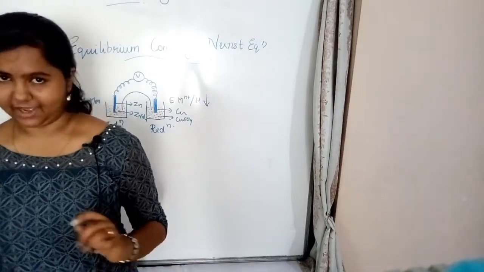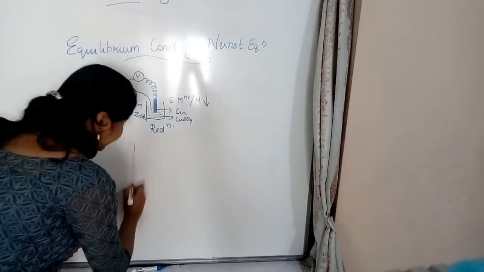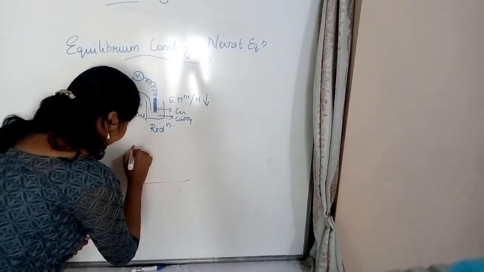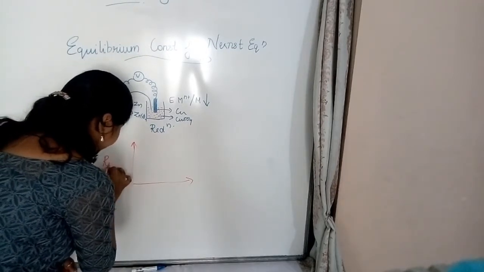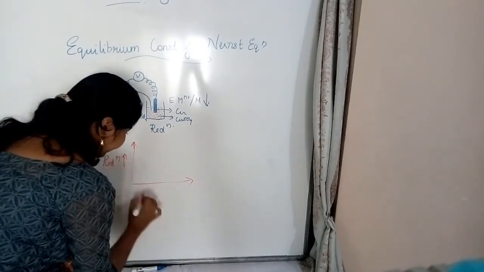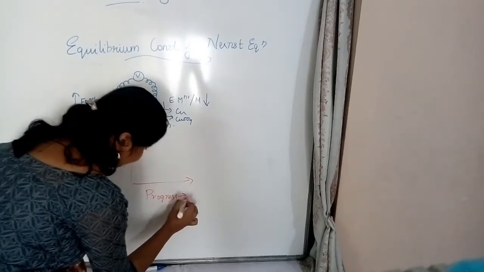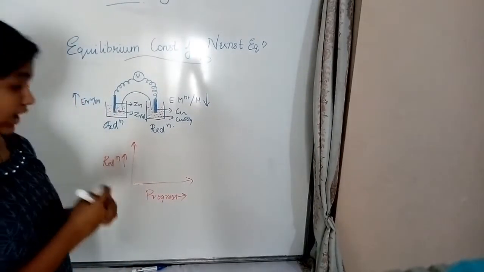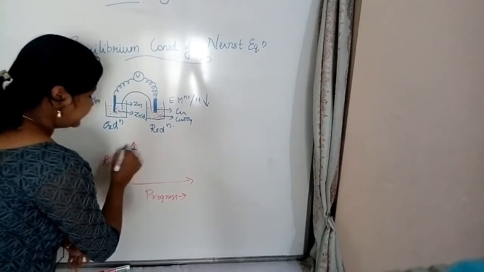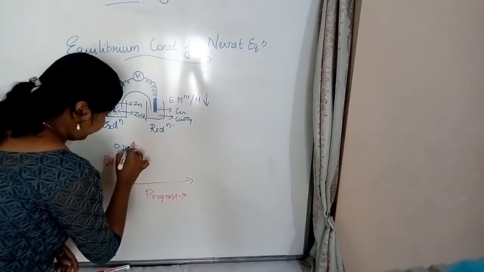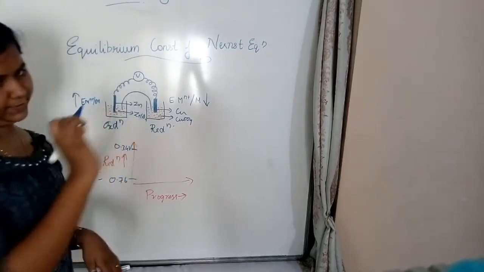So I'll show you the graph of it. The graph goes like this. Over here we have to write the reduction potential, and over here the progress of reaction. Now let's see the example of the Daniell cell. Over here it is 0.34 volt, and over here minus 0.76 volt.